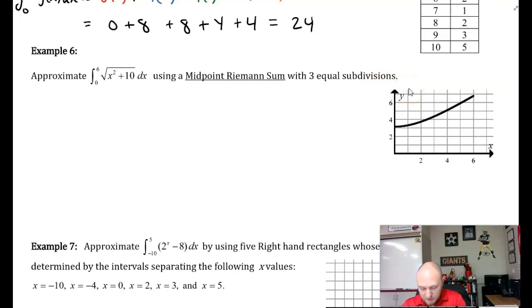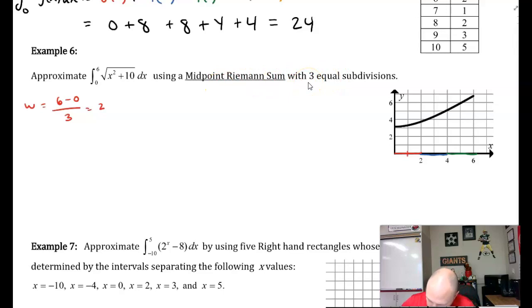If I have 3 equal subdivisions, the width is 6 minus 0 divided by 3 subintervals, so my width is going to be 2. My first rectangle will be from 0 to 2, the second from 2 to 4, and the third from 4 to 6.